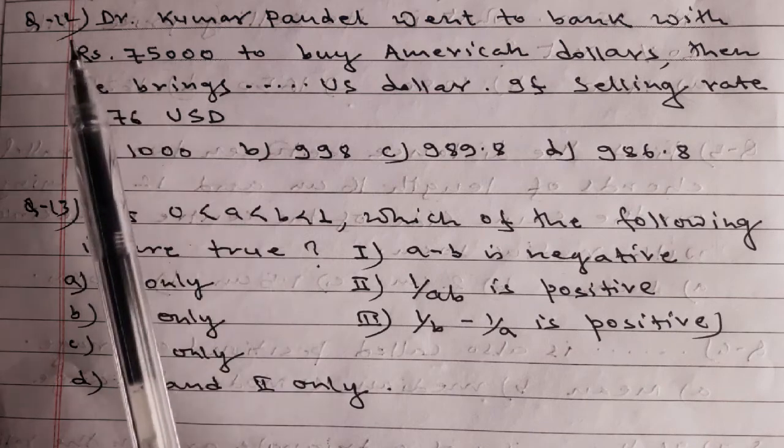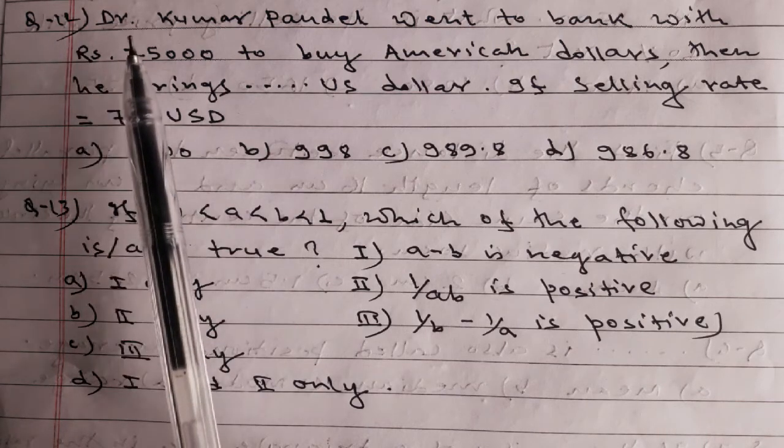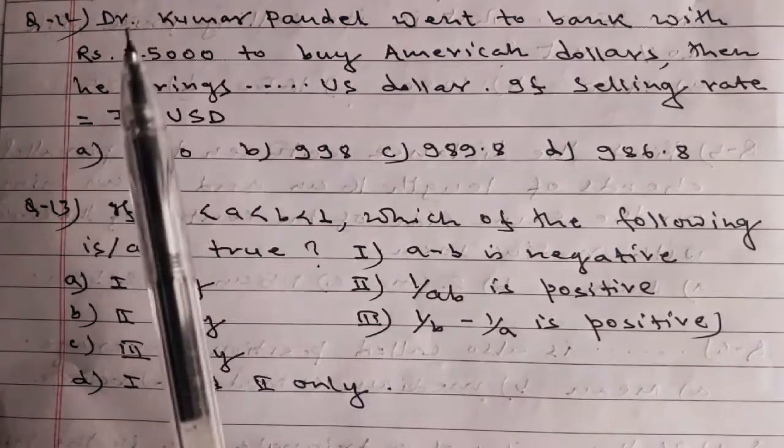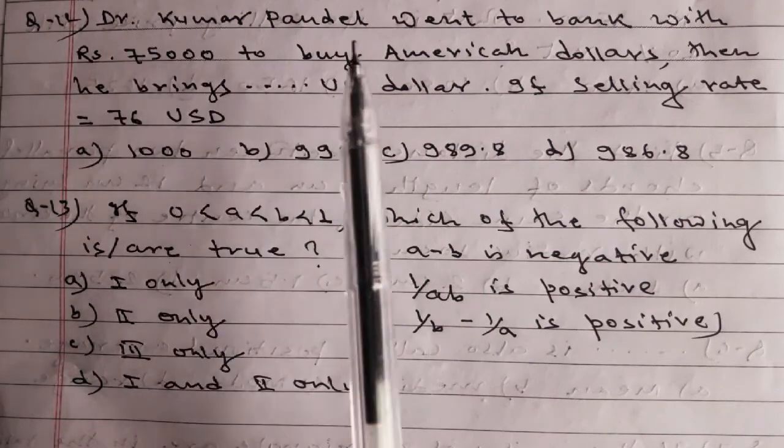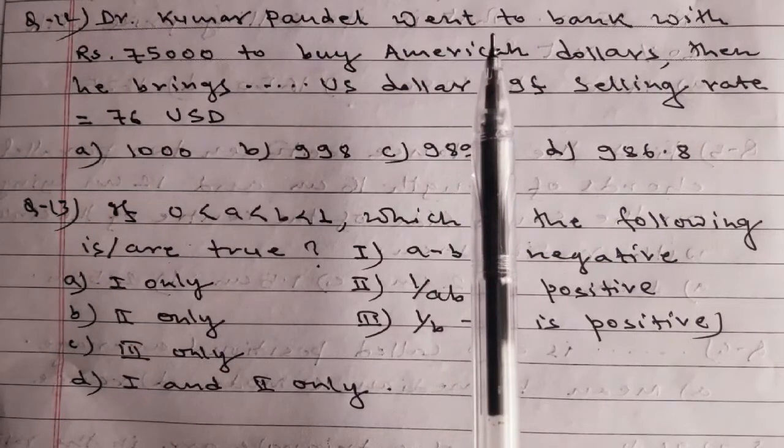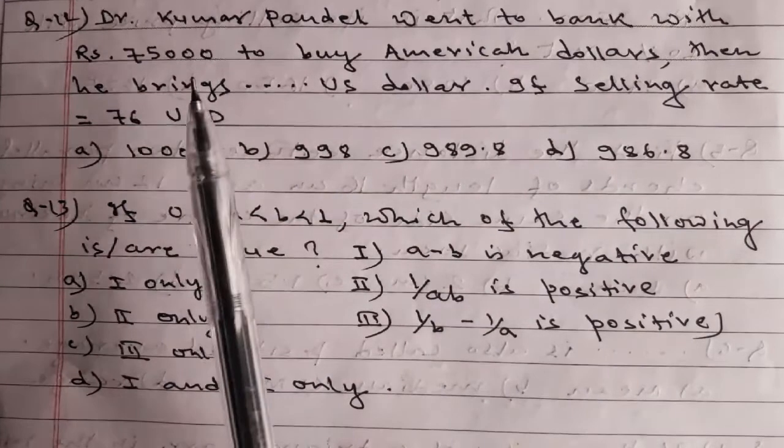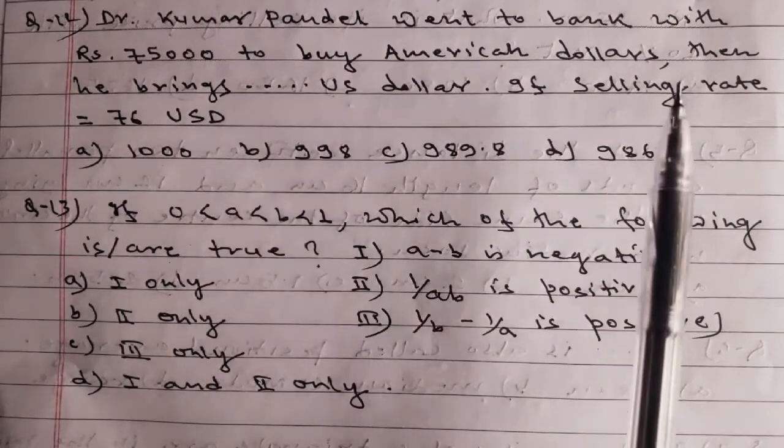Question number 12. In question number 12, we have Dr. Kumar Paudel went to bank with rupees 75,000 to buy American dollars.